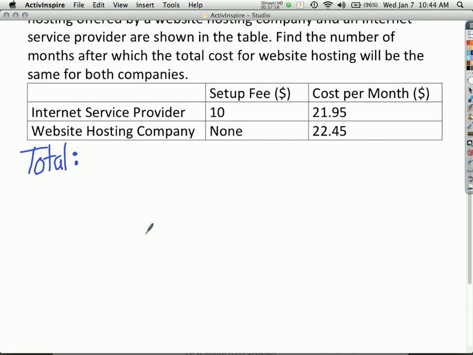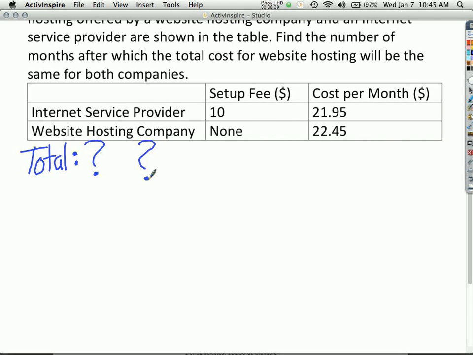What if it's at 4 months? What if it's 10 months? What if I let them work for me for 36 months? Okay, Gary? It's unknown, that's right. That's what I was trying to lead Amir to see. So we don't know what the total is for the ISP, and we don't know what the total is for the website hosting company. It's a mystery.